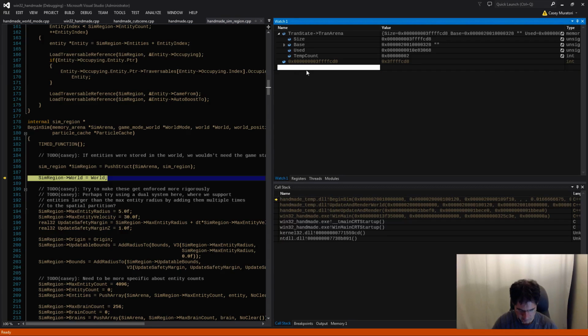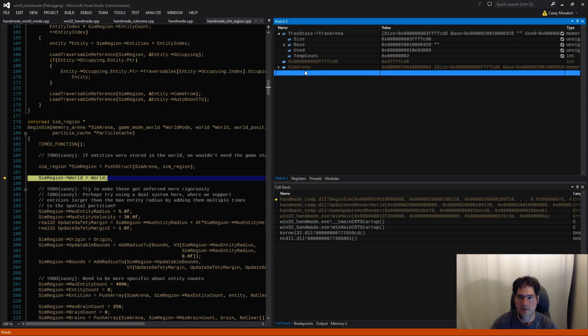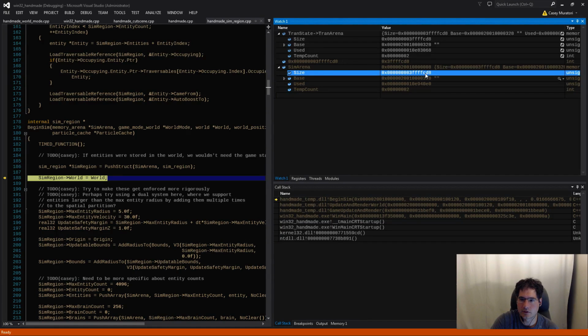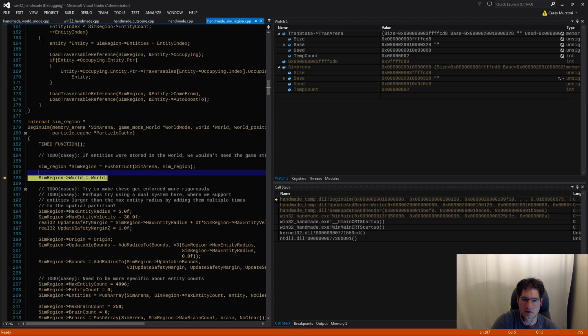Of course, I can't really see it because Visual Studio just has no idea where it could possibly be. But it didn't. Why didn't it?